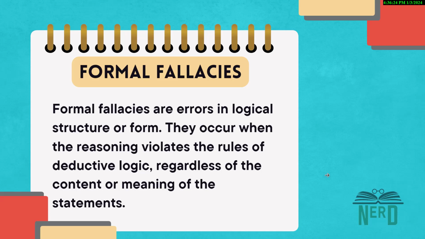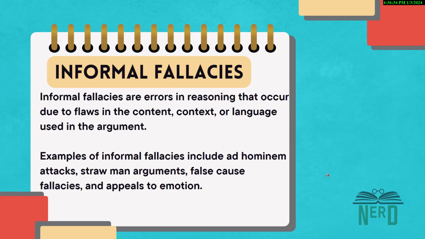They occur when the reasoning violates the rules of deductive logic, regardless of the content or meaning of the statement, right? And we'll also talk about informal fallacy, which is very important, and one question comes from this particular topic. There we'll talk about ad hominem attacks, straw man argument, false cause fallacies, and others like appeal to emotion, all this stuff.